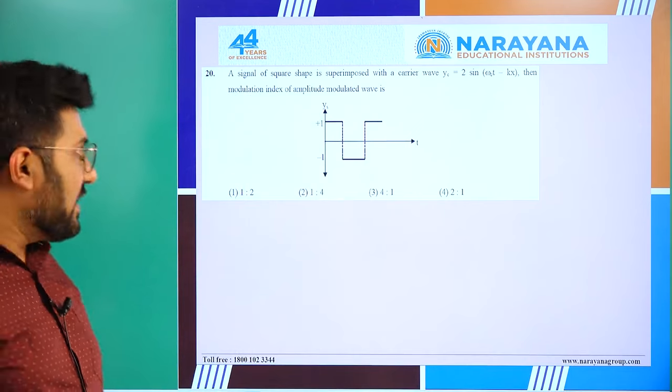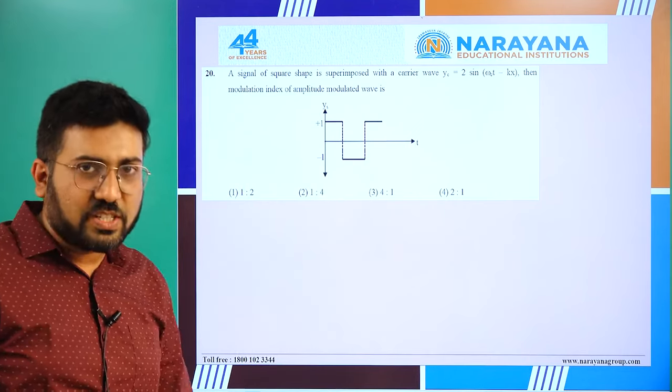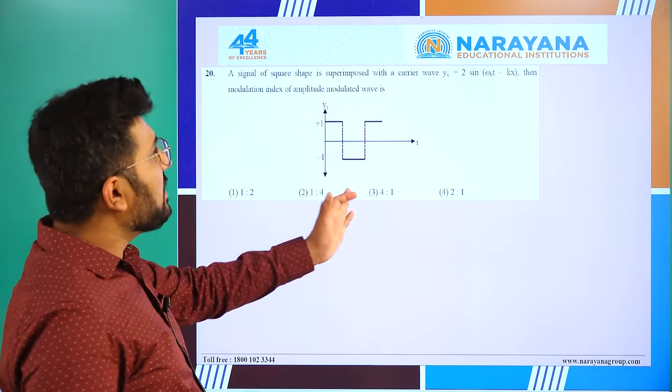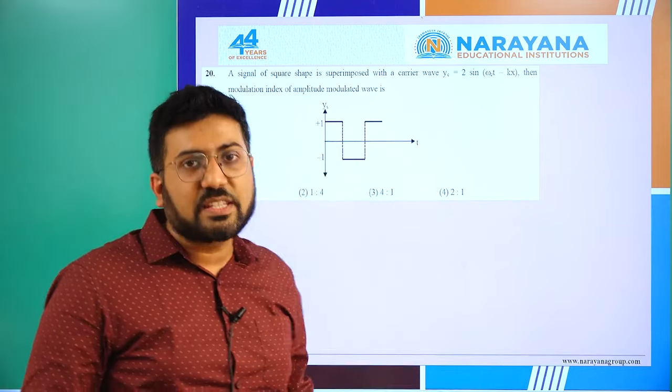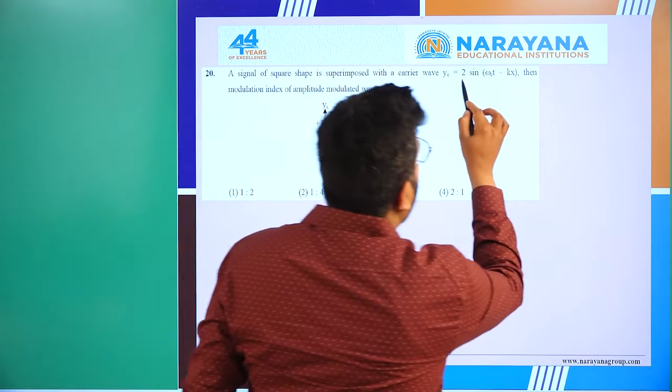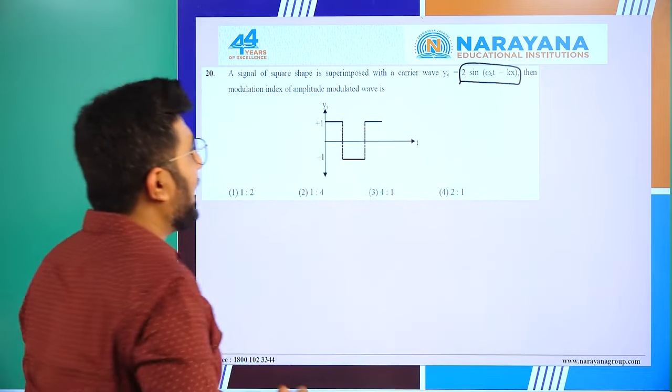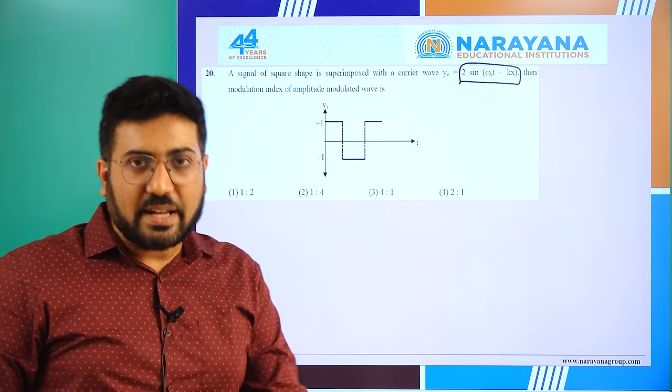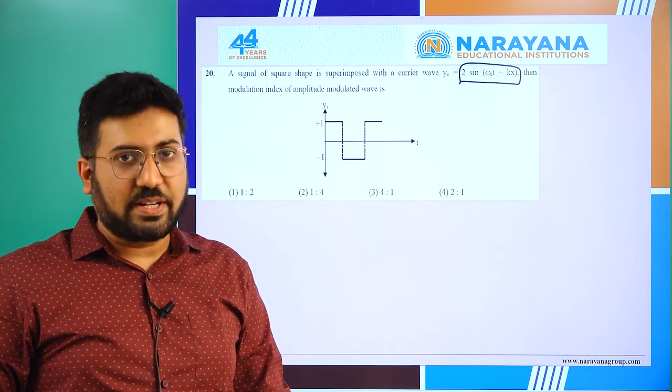In this question, we have been given a signal wave, which is a square wave, and it is superimposed with a carrier wave. The carrier wave is given to you as 2 sine (omega c t minus kx). Then what is the modulation index of the amplitude modulated wave?